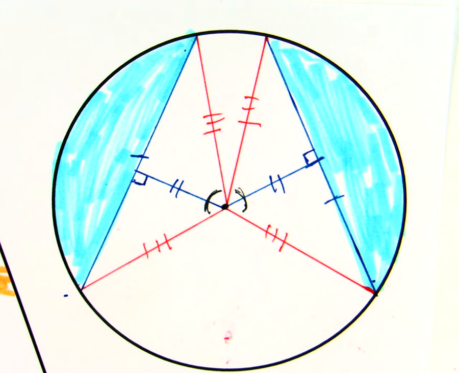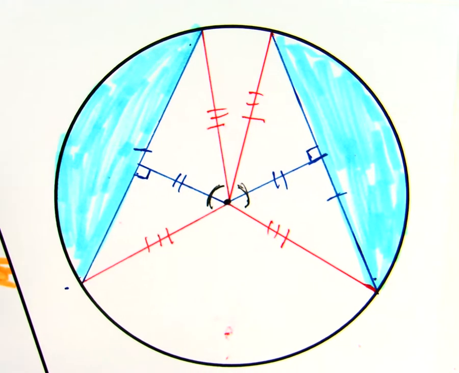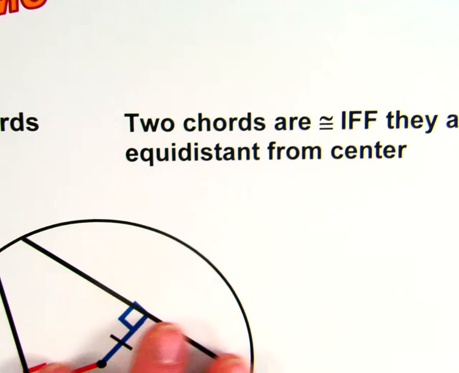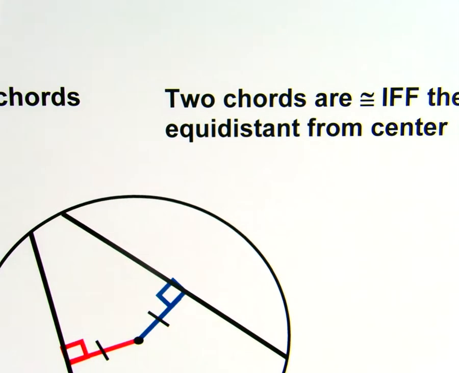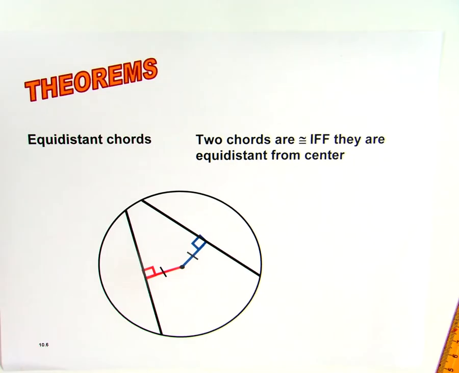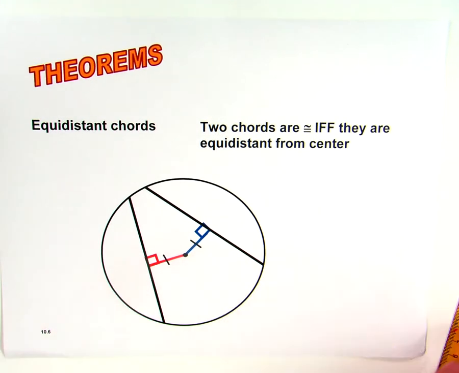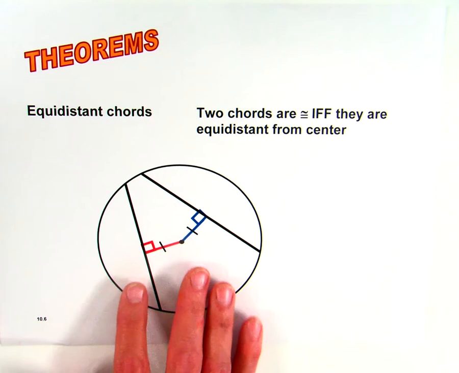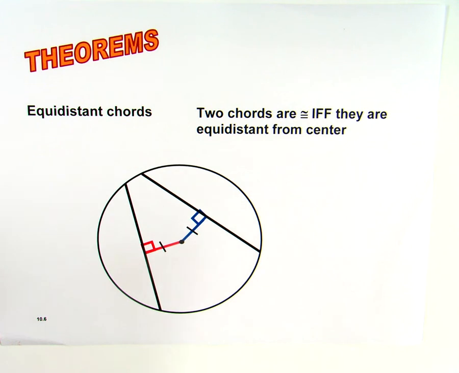Does everybody see that? If it's equidistant from the center, then the length of the chord is the same. Here we have a theorem. That's not exactly a proof, but it gives you a general idea. It's got a few holes in it, but you can get it here from that. So, two chords are congruent if and only if they are equidistant from the center.